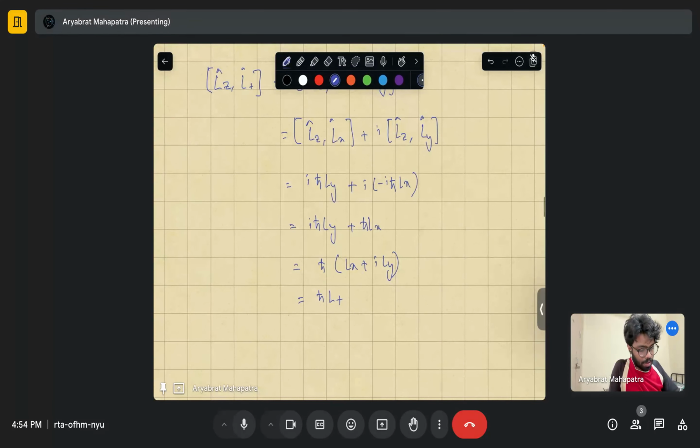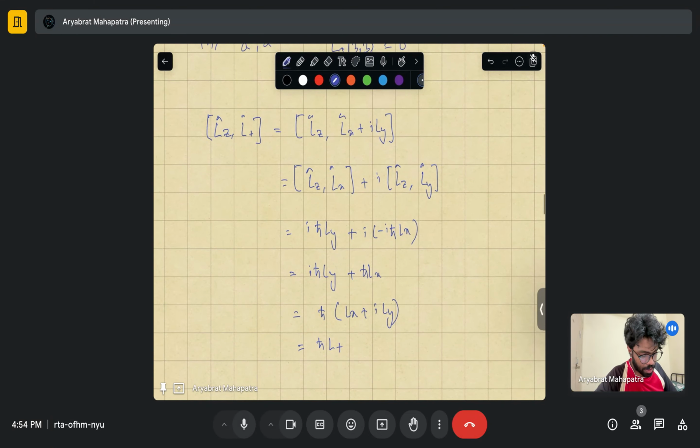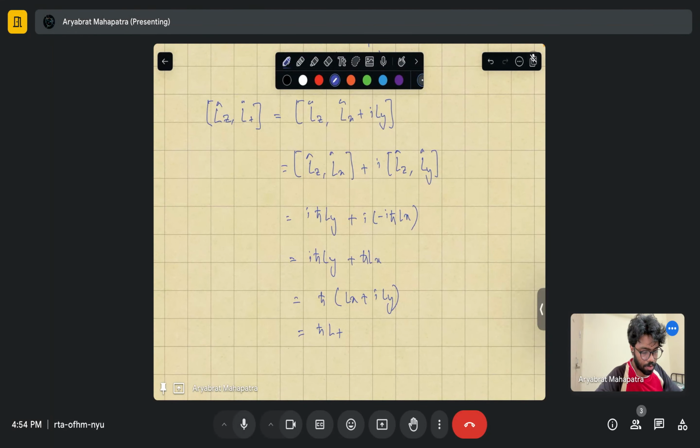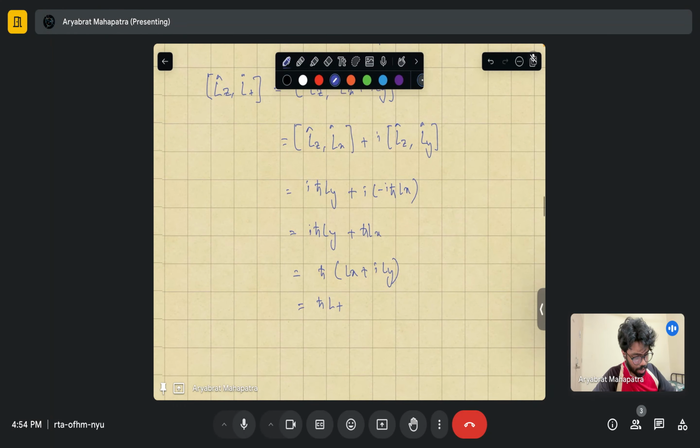That is how you can prove the commutation of Lz and L plus, giving h bar L plus. In the same way, there is one more commutation, which gives minus h bar L minus.